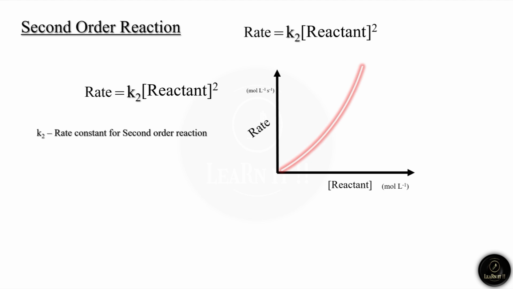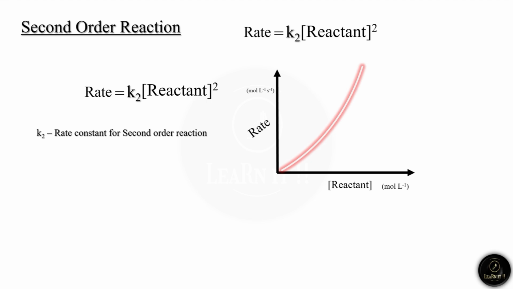If we look at the unit, we know that rate is equal to concentration divided by time. So that's why it is moles per liter per second, and with respect to the reactant, it is moles per liter. So one moles per liter and another moles per liter cancel. With respect to the concentration of the reactant, which was squared, moles per liter remains here, so it goes to this side and becomes liters per mole.